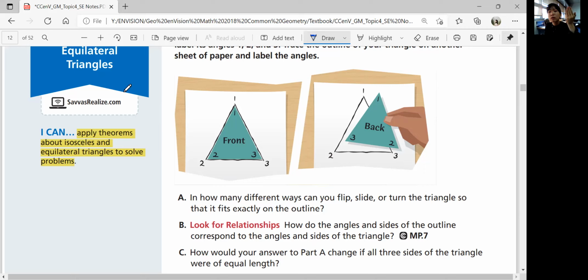When you turn it, there are points where the triangle's not going to fit the outline throughout the whole rotation, right? Maybe until angle 1 goes to angle 3 or 3 to 2. You have a triangle that fits the outline maybe like 3 times of the whole rotation, but yeah.